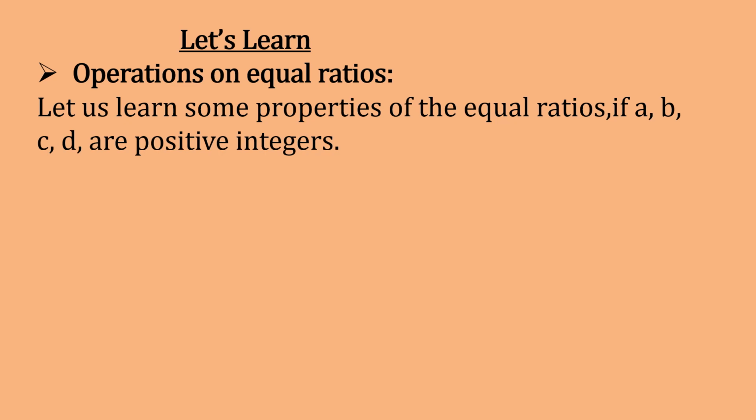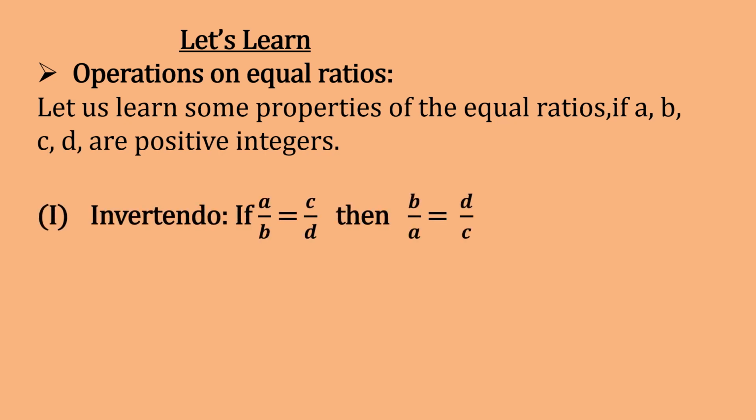Let's learn some properties of equal ratios. If A, B, C, D are positive integers, then the first property is invertendo. By the name itself, students, you can come to know what invertendo is. Invertendo means inversion, invert it.